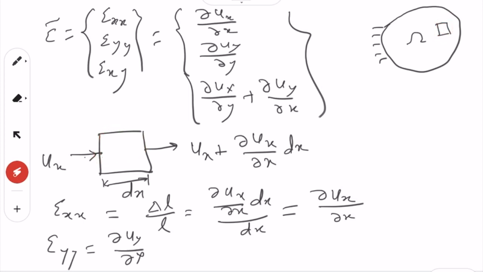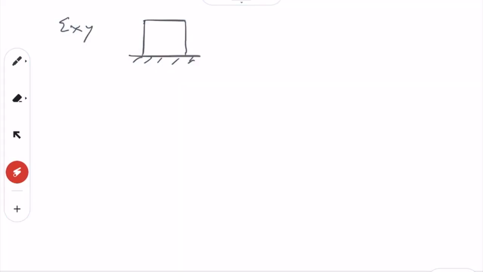What we are going to do is fix it at the bottom, and apply a given displacement here. Let us say the displacement here is ux, and here it will be ux plus.